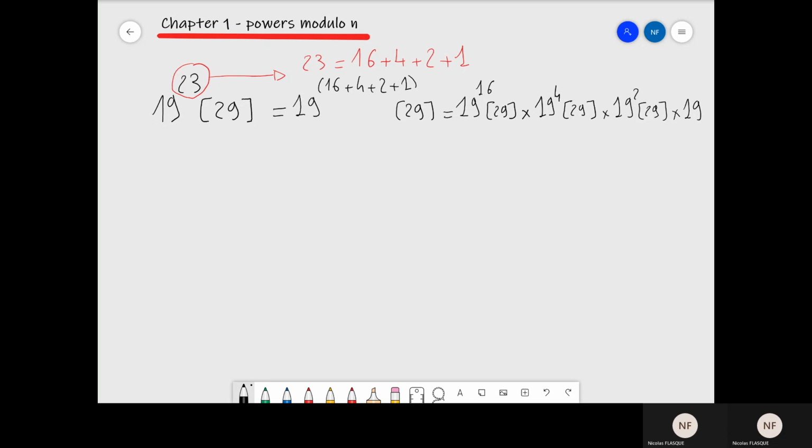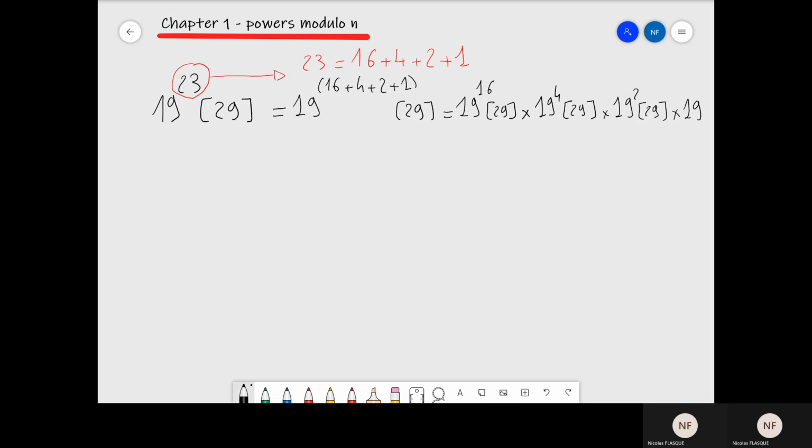So here we have 3 multiplications instead of the 23 that were necessary in the previous algorithm you've seen before. But nevertheless, we still have to compute individually all the terms of this multiplication.